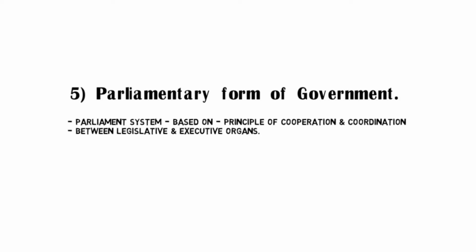So when we talk about the parliamentary form of a government, the model which India decided to go forward with is a British parliamentary system of government rather than American presidential system of government. And therefore, the parliamentary system is actually based on the principle of cooperation and coordination.